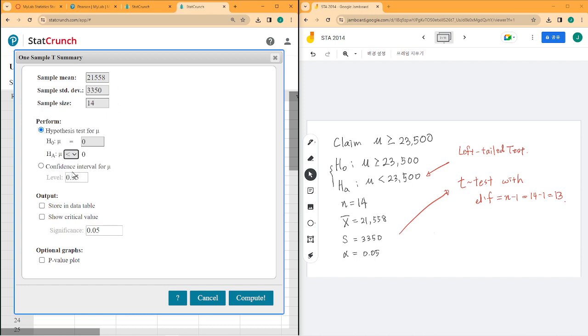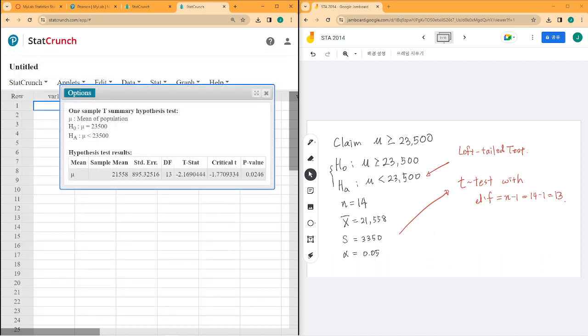And we have the alternative, which is the less than. And then we have the hypothesis testing here, the null hypothesis, assuming that we have 23,500. And we use the level of significance as 0.05, so we set up all the things clearly. And click Compute. You see.